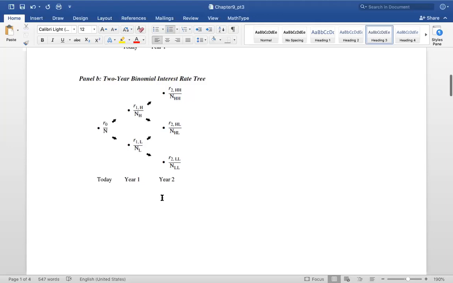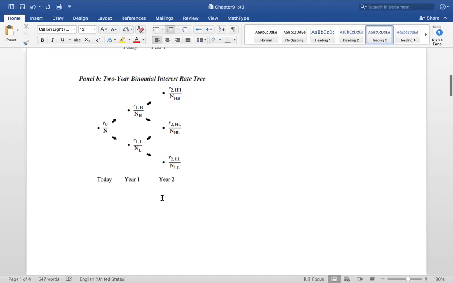The dot in the exhibit is referred to as a node, but what takes place at the node is either a random event or a decision. Here it's a random event. In building a binomial interest rate tree, at each node there is a random event. The change in interest rate represents that random event.